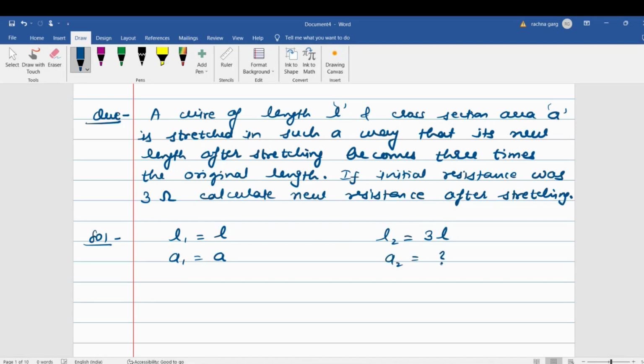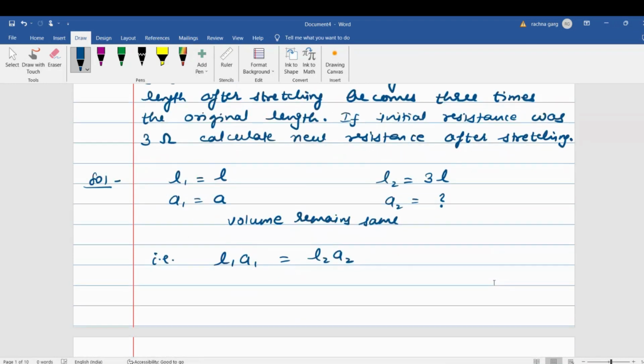A2 we do not know. So the concept here is volume remains same. That means L1A1 is equal to L2A2. So L1 is L into A is equal to 3L into A2. So this and this will get cut. A2 is equal to A by 3. You got it?